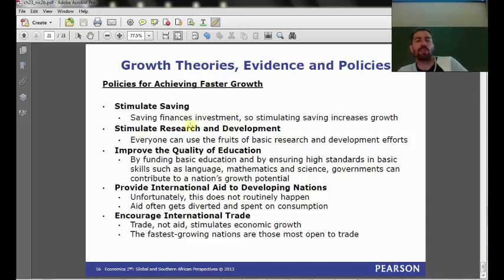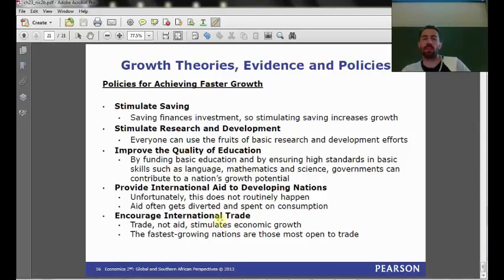Stimulate research and development, because research and development is what fuels technological advance. Improve education. Provide international aid to developing nations. Also encourage international trade. You saw in microeconomics why international trade is good for an economy.